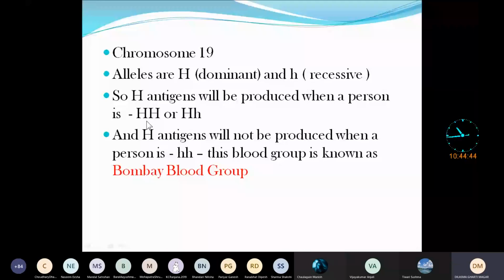For the production of these antigens, the dominant capital H has to be there. The H antigen will not be produced when a person is recessive, small hh, they will not produce any antigen. So that's why the blood group is known as the Bombay blood group.